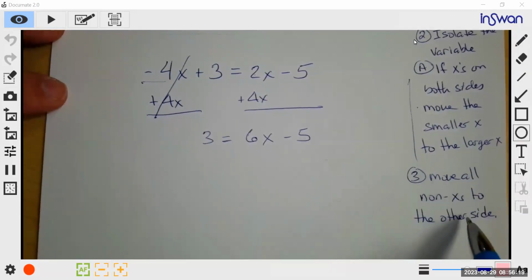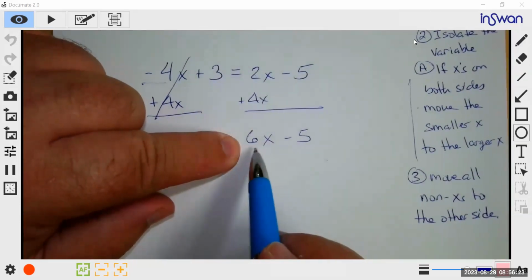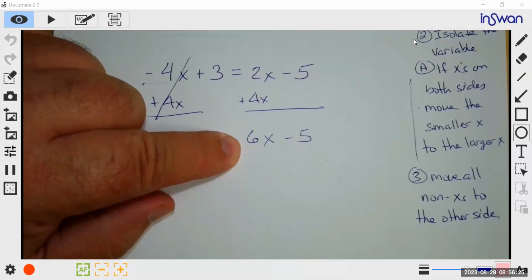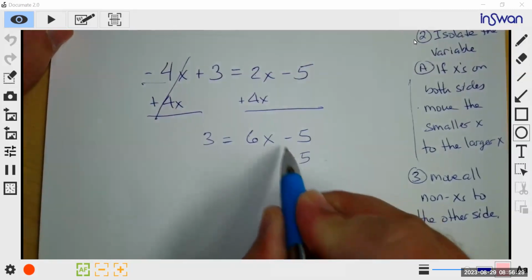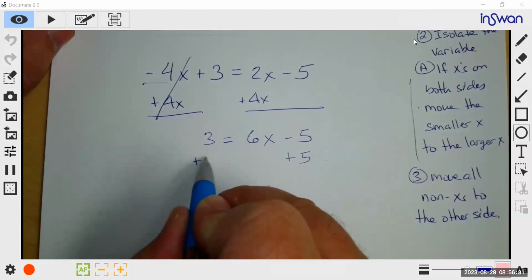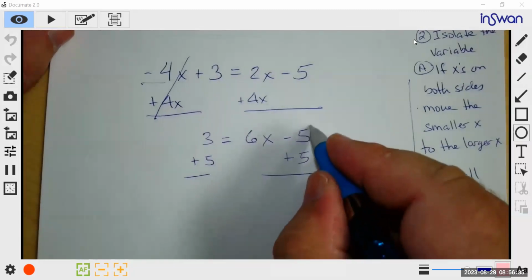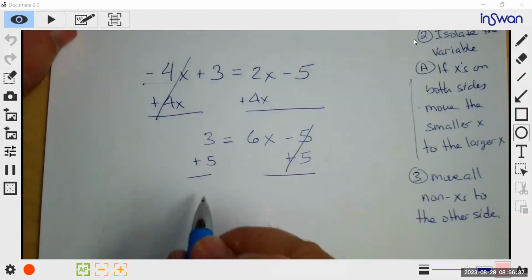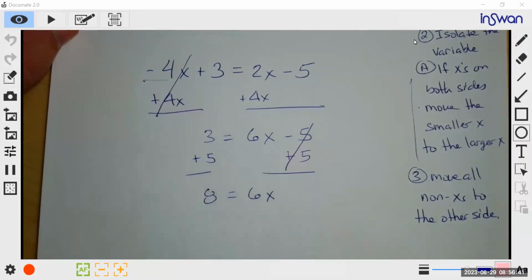When I say move all non-x's to the other side, I'm saying on this side, since all the x's are here, if it doesn't have an x, it goes to the other side. So we have to add 5. Since it's a -5, we have to add 5 to both sides. Those cancel. 3 plus 5 is 8, equals 6x.